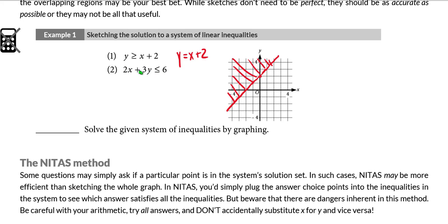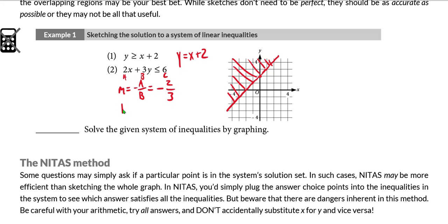Yes, I could do the algebra, rearrange this so that inequality 2 is in slope-intercept form, but we did learn a shortcut for situations like this, and that shortcut is probably easier and less time-consuming than rearranging all this algebraically. Remember, the shortcut is that the slope of a line in standard form equals -a over b. In this case, this is my a, this is my b, this is my c. So -2 over 3 is going to be my slope.